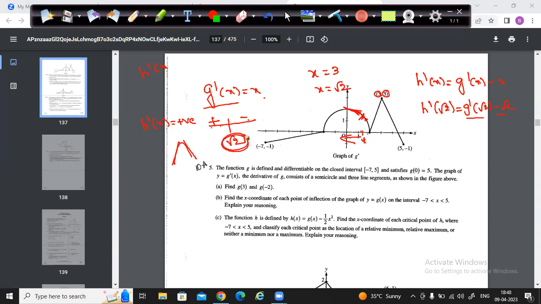So definitely at root 2 we have a relative maximum, because at root 2 both the functions are equal. So definitely the function has a relative maximum at x is equal to root 2. Correct, right?